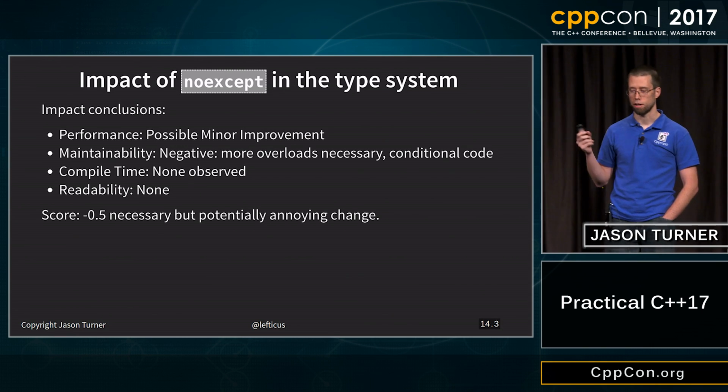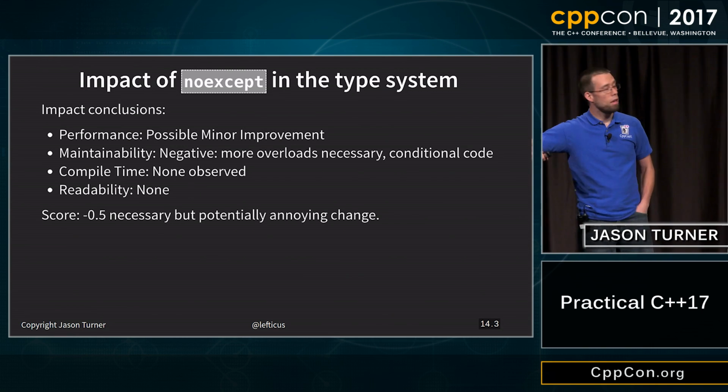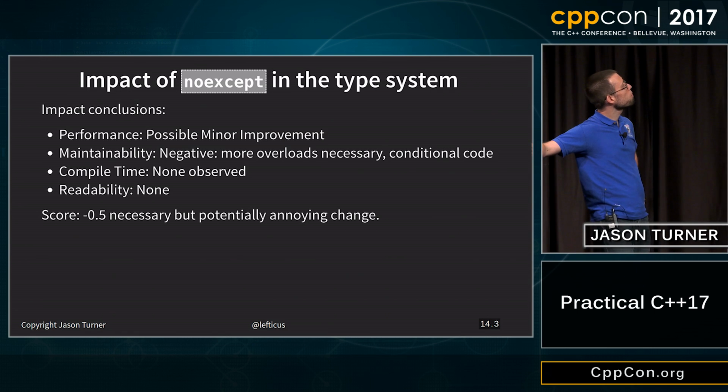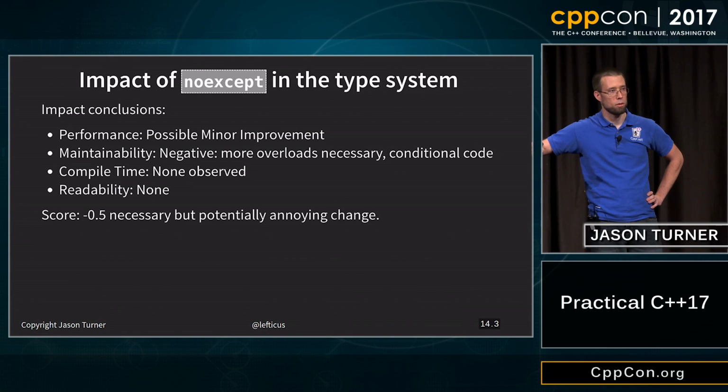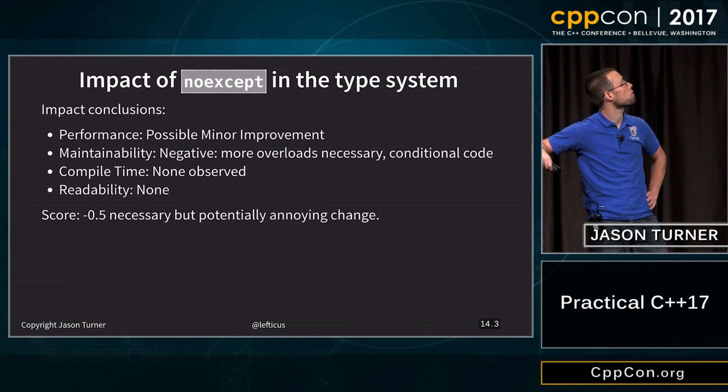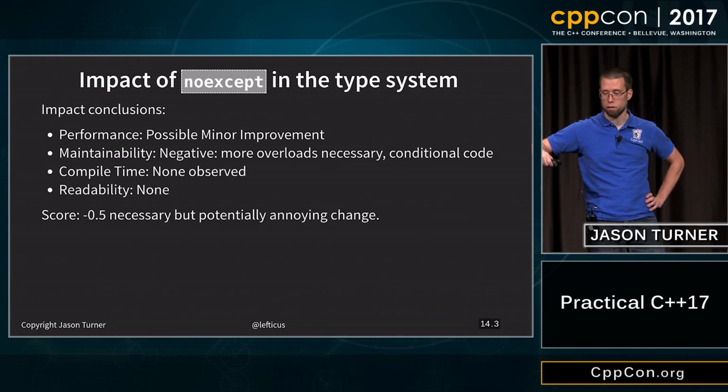What the actual values are, I guess, is hidden to me. But I got a minor performance improvement, and I considered maintainability negative because you now have to deal with the fact that these are extra overloads. No compile time change, and no real readability change to the code, in my opinion, because it was already a whole mess of overloads anyhow.